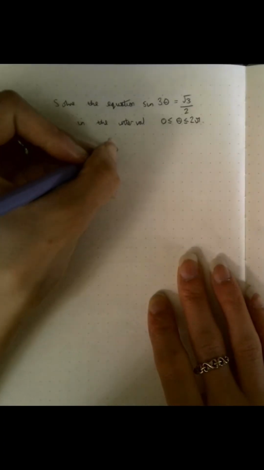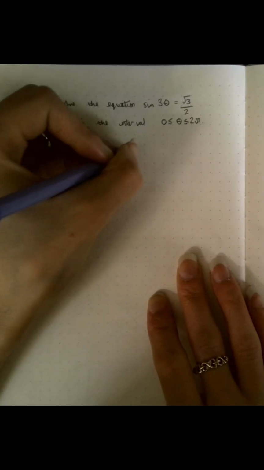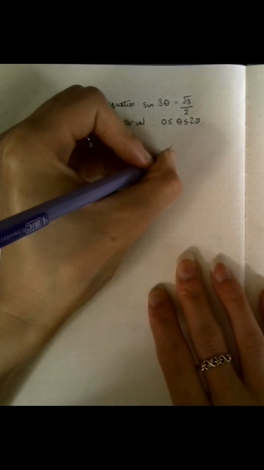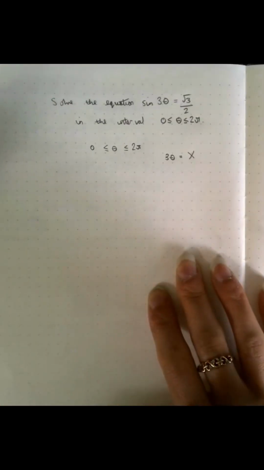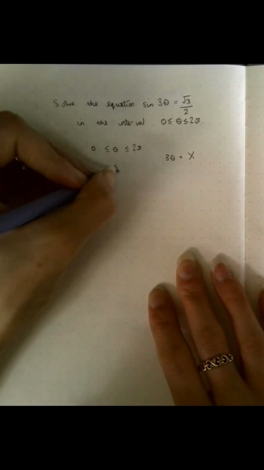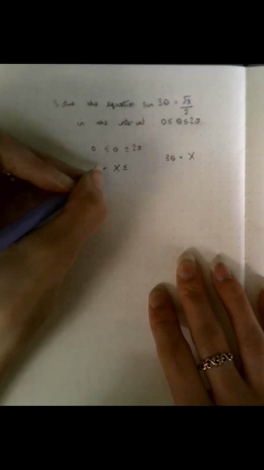Let's say that theta, we know, is between 0 and 2 pi. I'm going to say that 3 theta I'm going to call big X. Now I want to find my range for big X, and then from there I can convert it back.